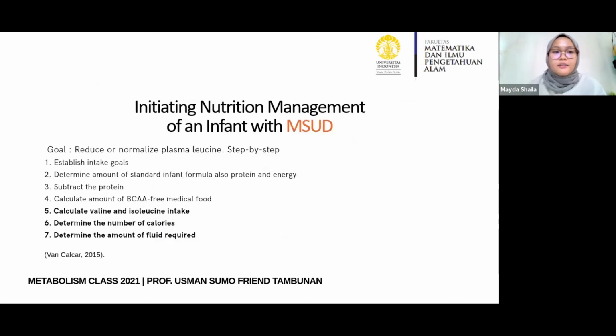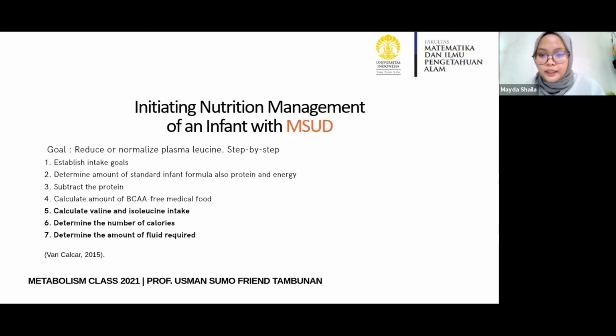Okay. The steps for initiating a diet in an infant are outlined in step 1 through step 7. The goal is to reduce or normalize plasma leucine. The first step is to establish intake goals. The second step is to determine the amount of standard infant formula, and thus protein and energy.